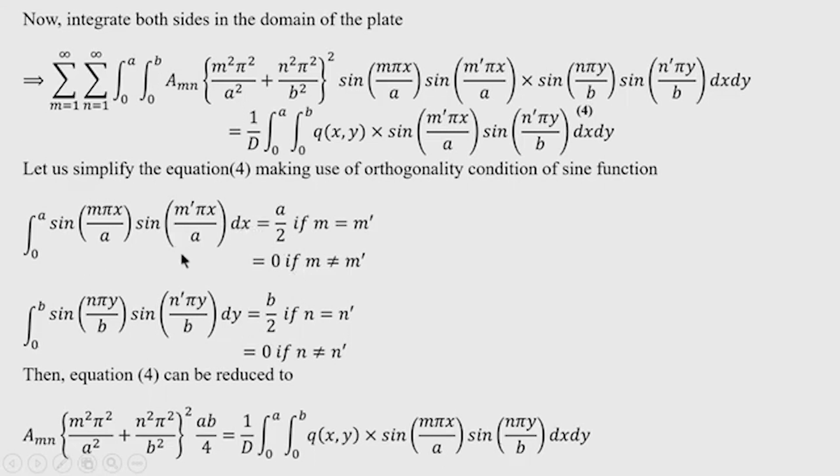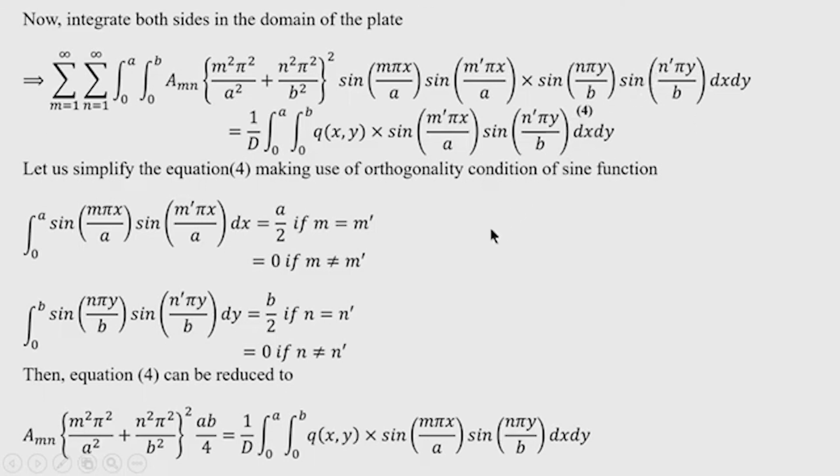Using this property, it can be seen that all the terms containing sin m pi x by a into sin m dash pi x by a, where m and m dash are different, will vanish. Similarly, all the terms in the summation with sin n pi y by b into sin n dash pi y by b, with n not equal to n dash, will again vanish.